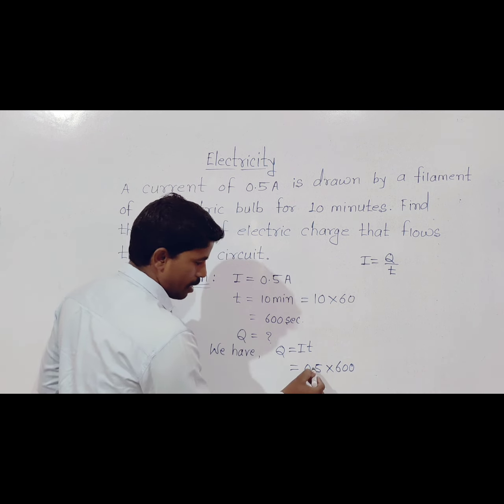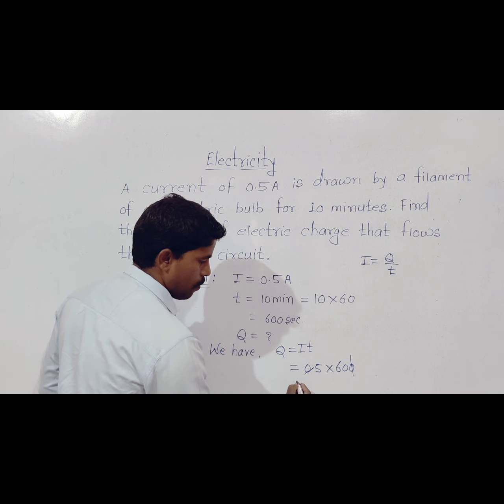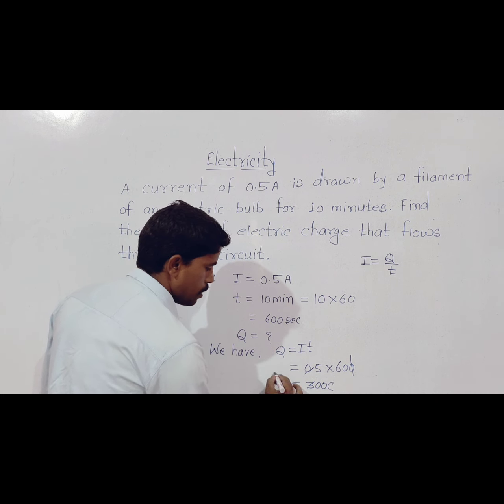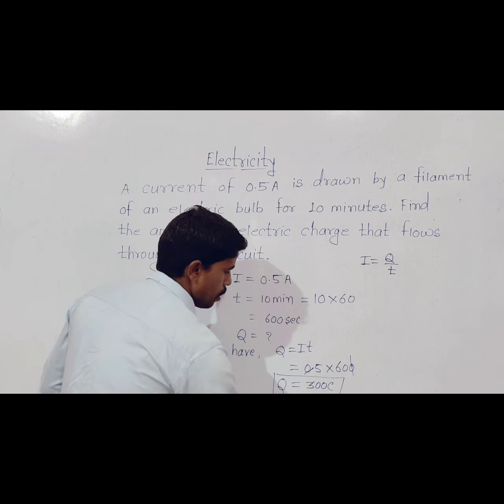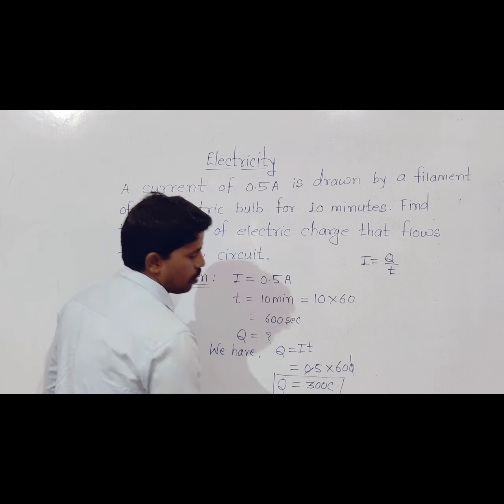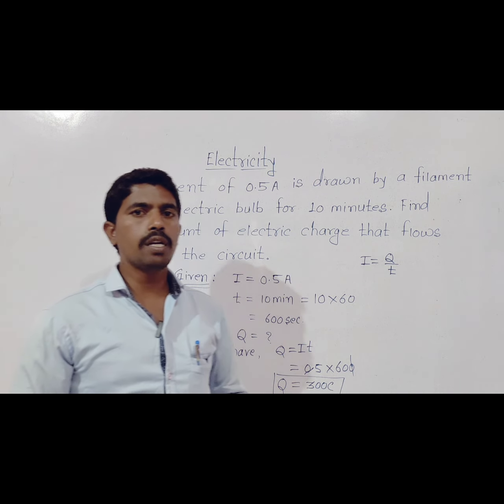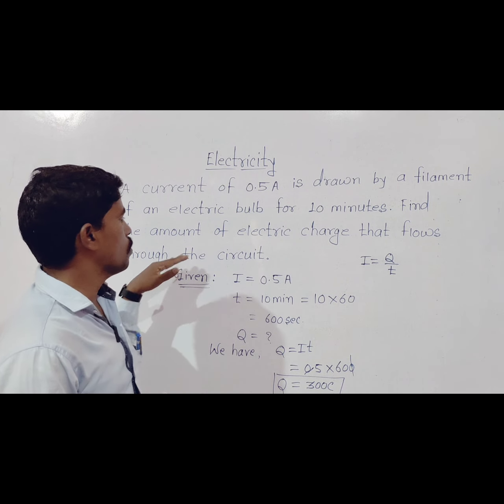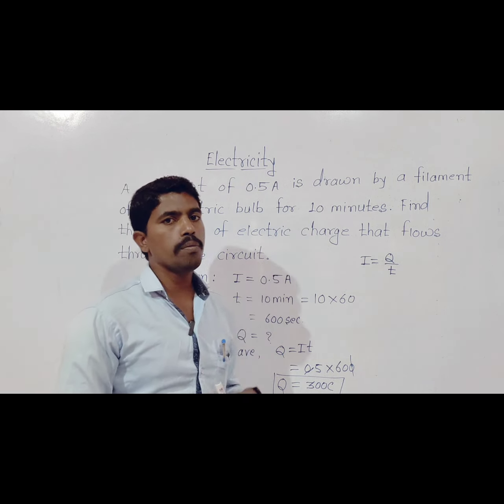So this point gets cancelled and this 0 gets cancelled, we get 300 coulomb. Therefore, we get 300 coulomb charge. 300 coulomb charge flows through the circuit in 10 minutes.